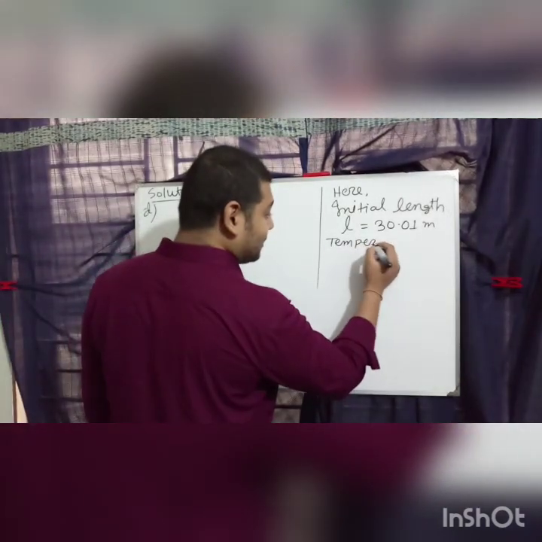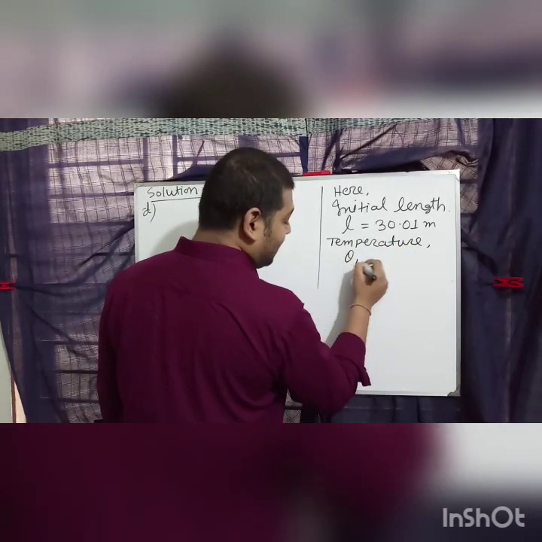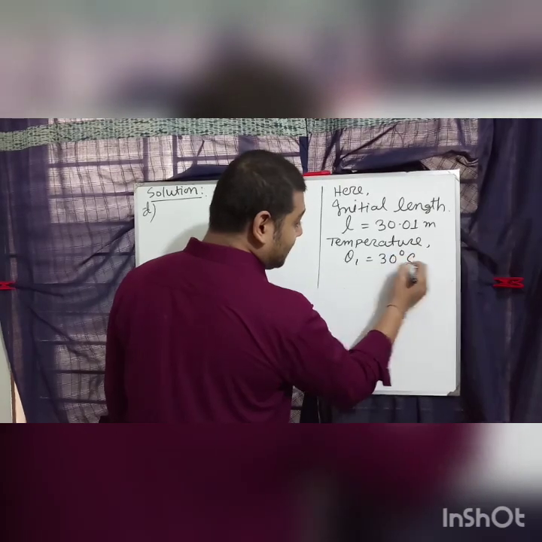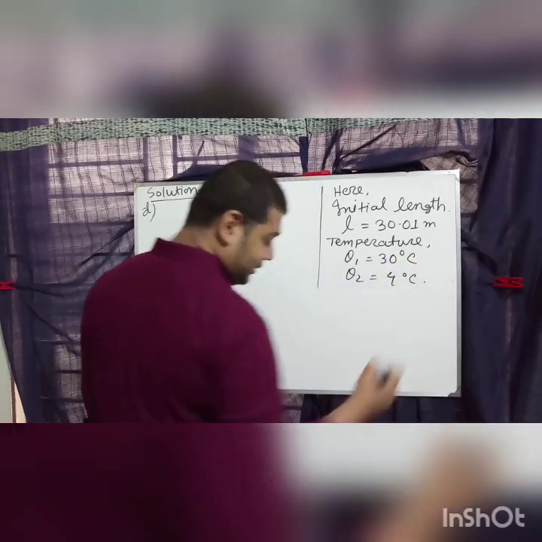So theta 1 equals 30 degrees Celsius and theta 2 equals 4 degree Celsius.